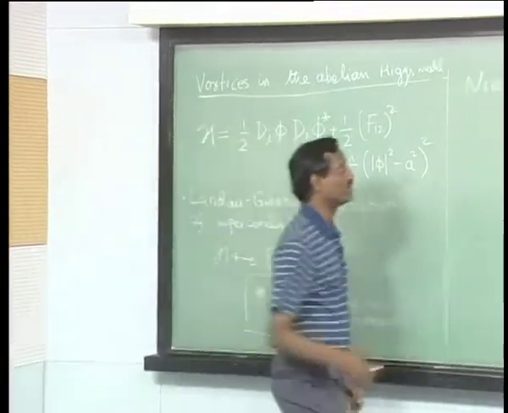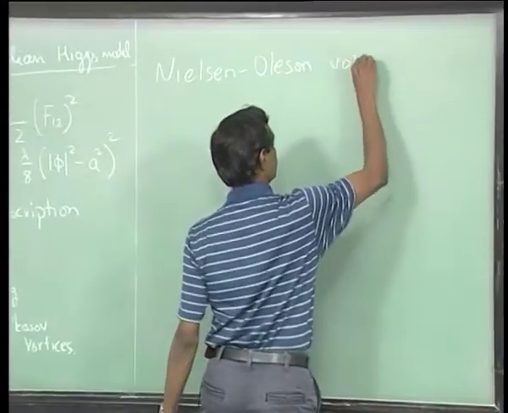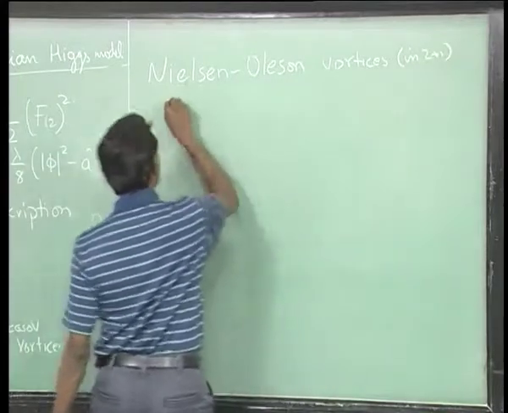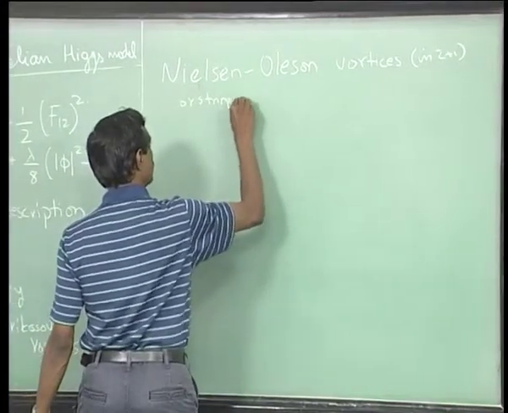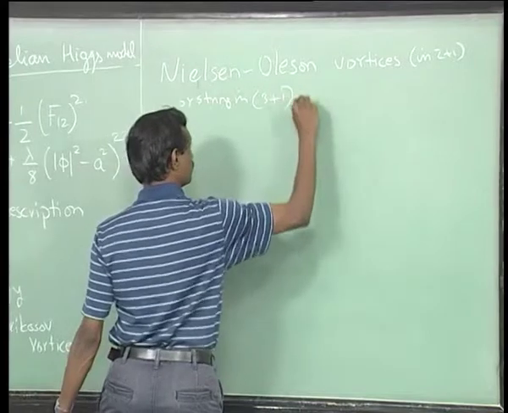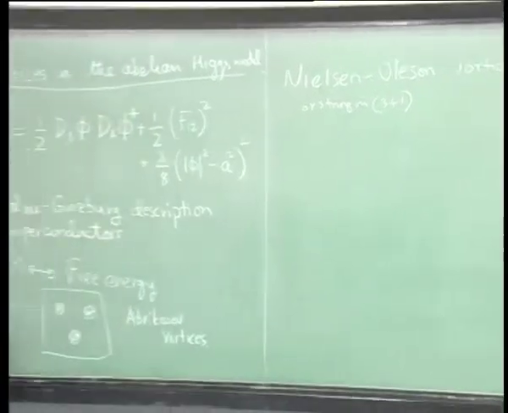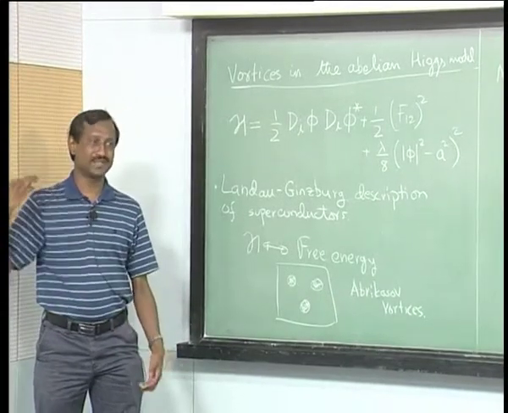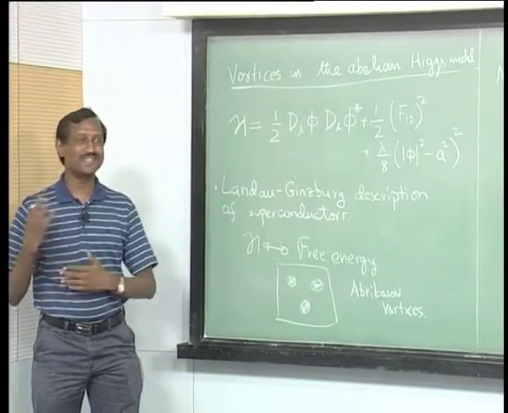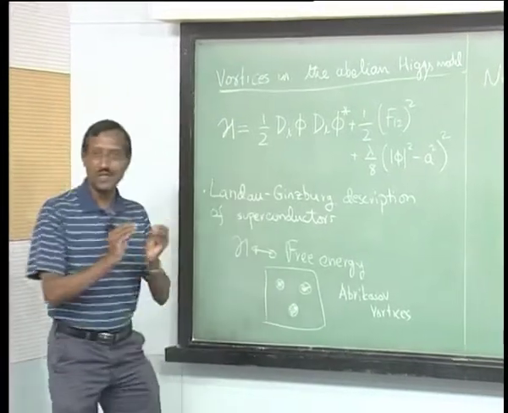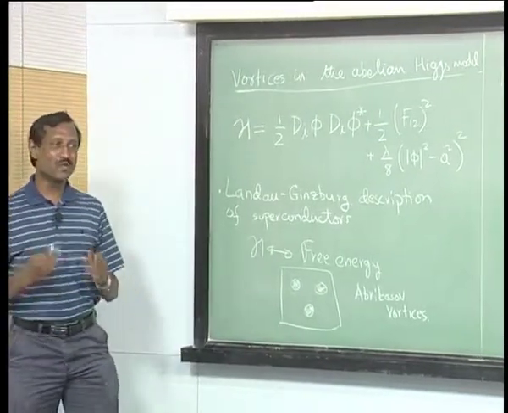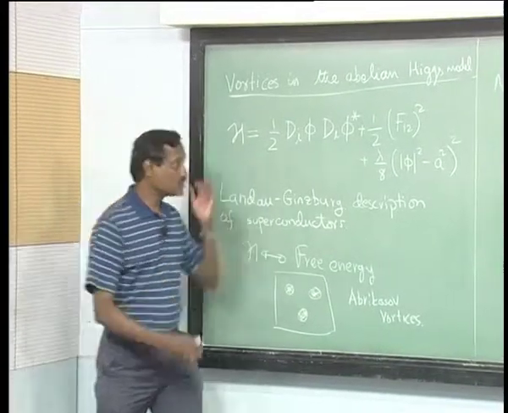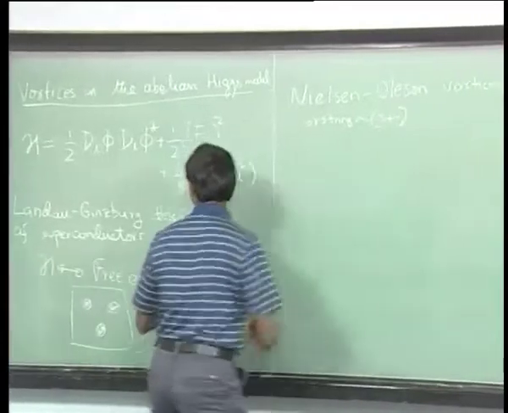They are sometimes called Nielsen-Olesen vortices in 2 plus 1, or strings in 3 plus 1. The finite energy condition in the other direction gets replaced by finite energy per unit length, so it becomes energy density in that extra dimension. These are small changes, but from the viewpoint of solving equations, they are really the same. So let's get back to what we were doing.